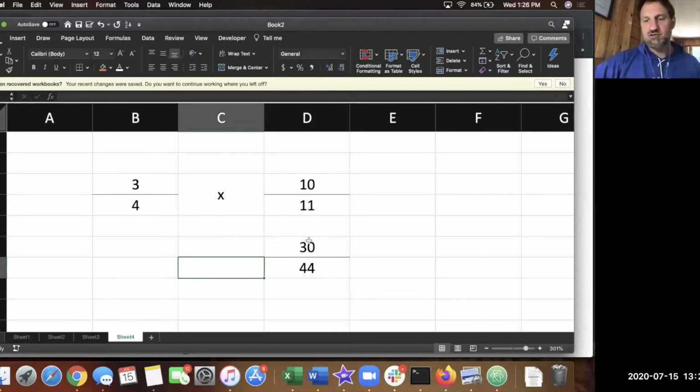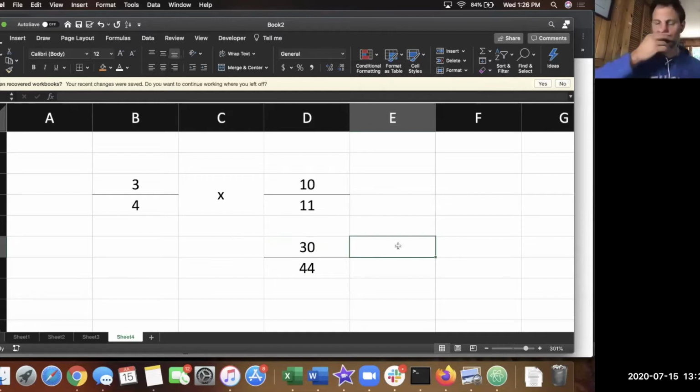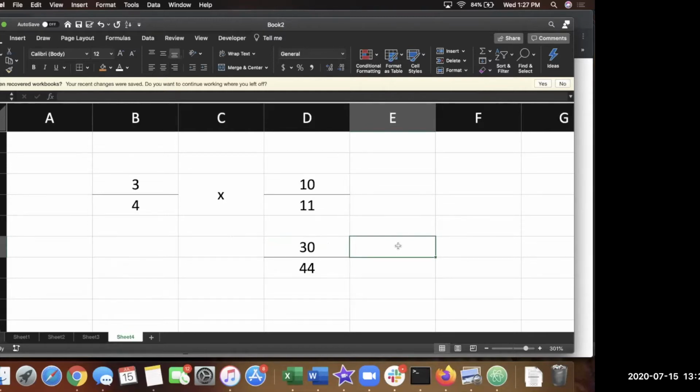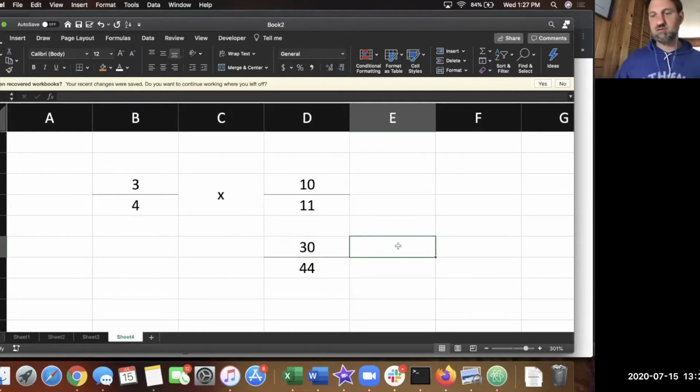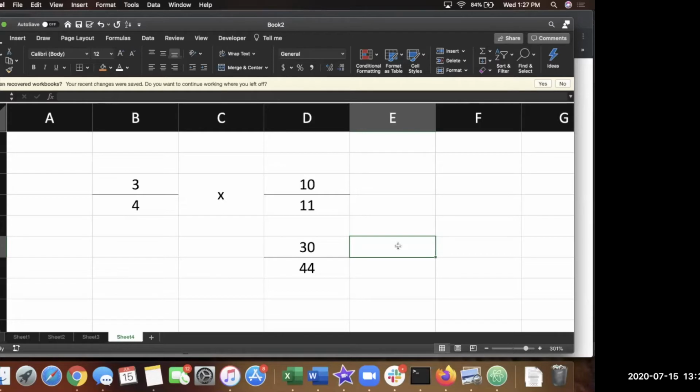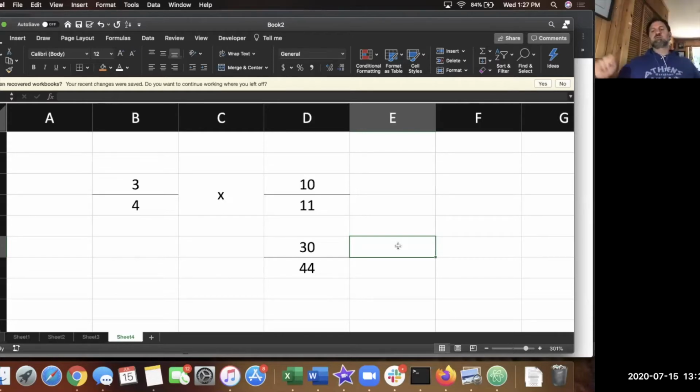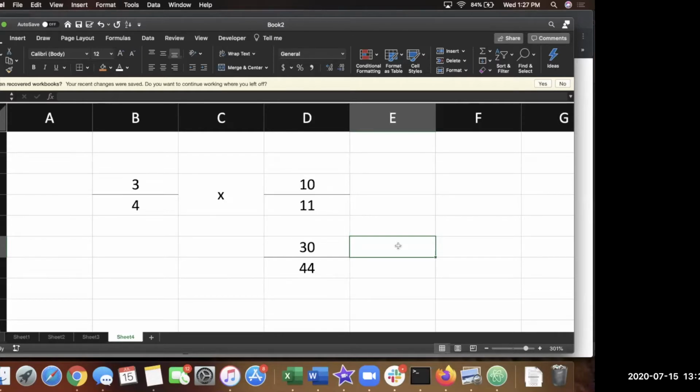Now, to return to something from the early part of the course, can 30/44 be simplified? Remember what I mean by that? What do we do to simplify it? Find the common factor. What can I divide both of those numbers by? Not 4, not evenly. 2 is the biggest one.